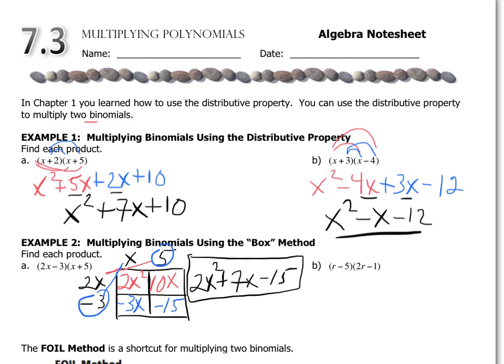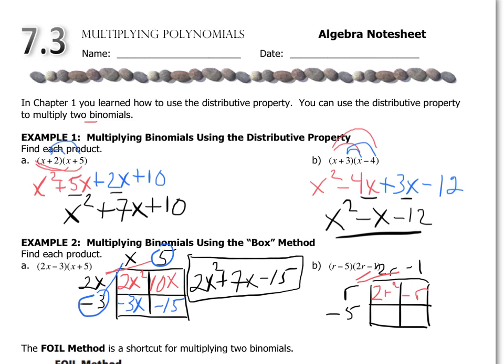So again, for example 2, I would have my box, two binomials. So I would need 2 columns and 2 rows. And it doesn't matter which one I put across the top and which one I put across the bottom, but we'll just do the r minus 5 on the rows and the 2r minus 1 for the columns. And again, upper left-hand corner is going to be the r times the 2r, or 2r squared. The upper right-hand corner will be r times -1, which is -r.